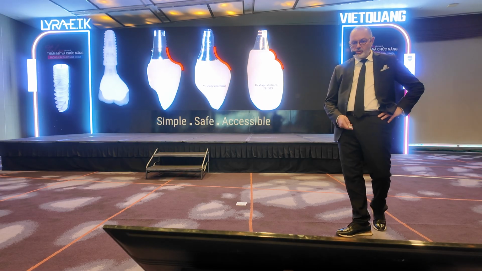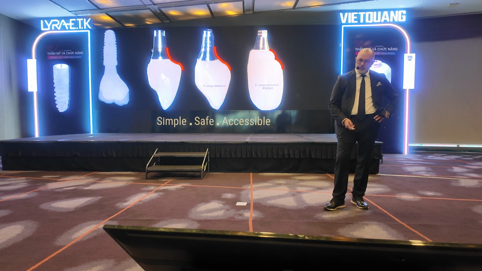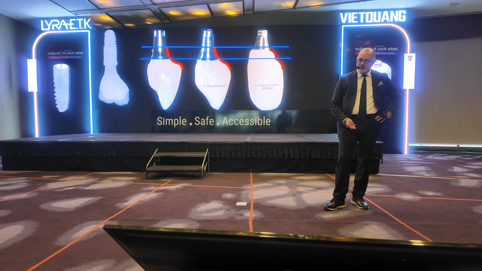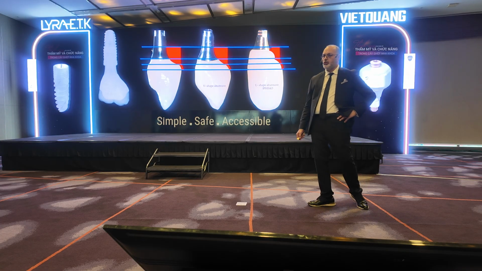So this is how it looks with the concave shape. This is the crest, no, the implant, the top of the implant, the crest, and the different parts of the soft tissue. You can see that for this kind of shape, you have a lot of tissue non-supported.